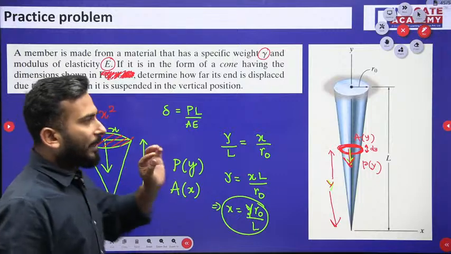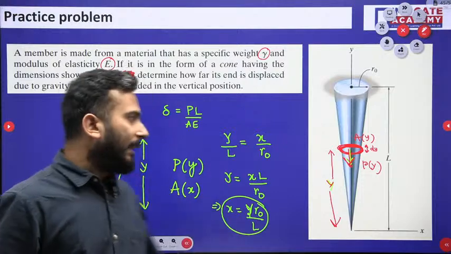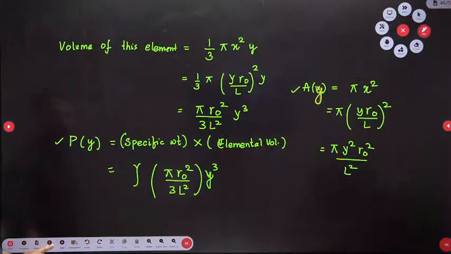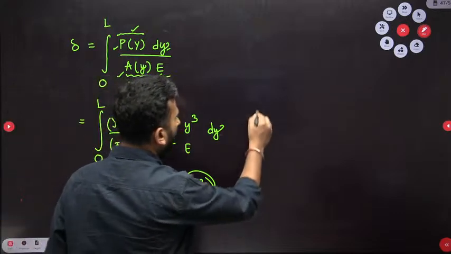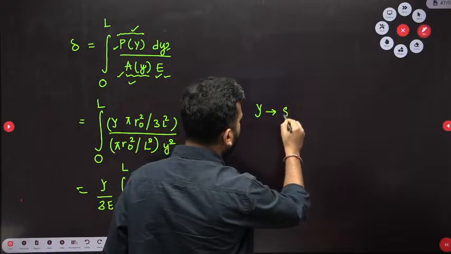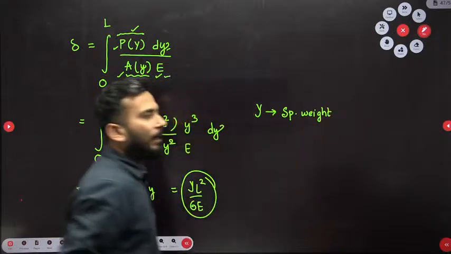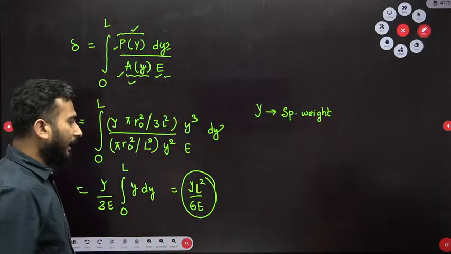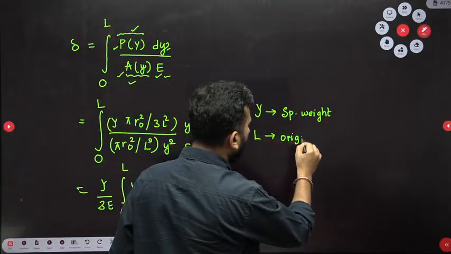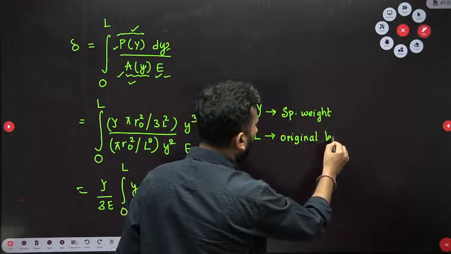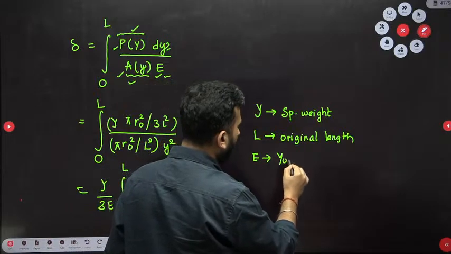Okay, so I'll quickly explain what we have done in this question. We have got the answer: gamma L square by 6E, where gamma is the specific weight, that is weight per unit volume, L is the original length of the bar, and E is the Young's modulus of elasticity.